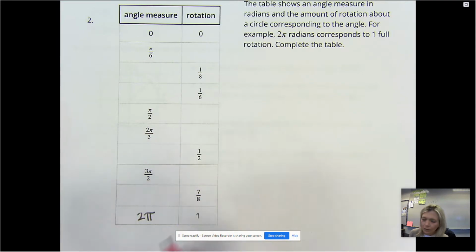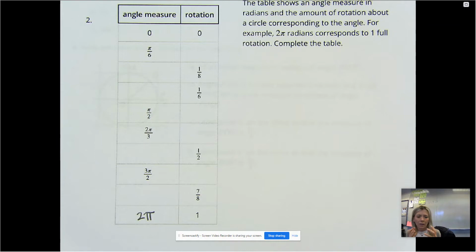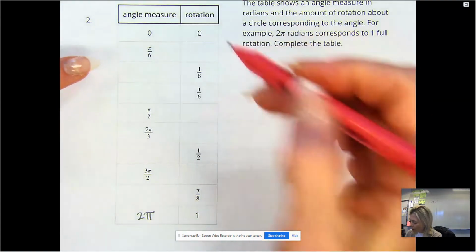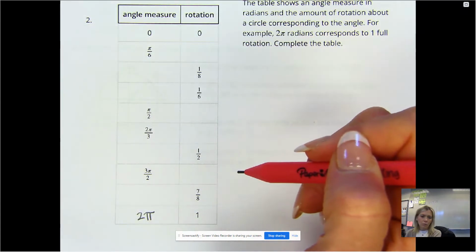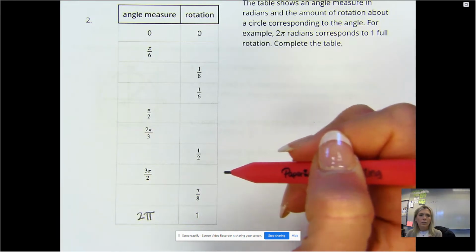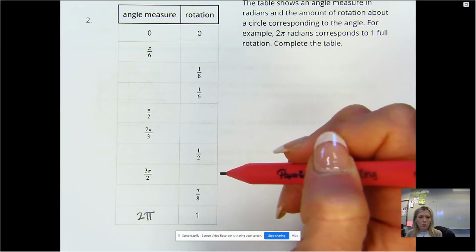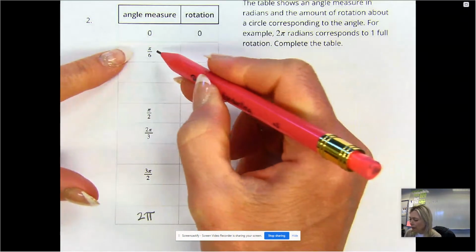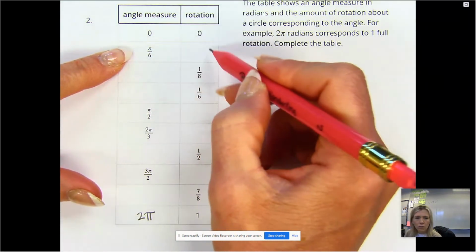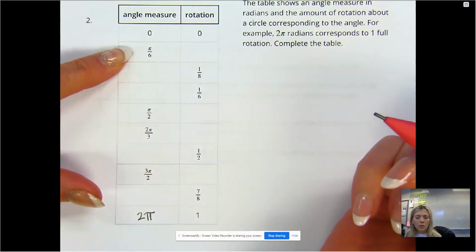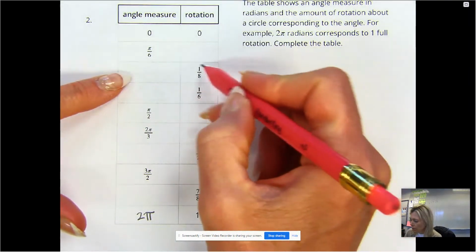I'm going to fill in what I know just by thinking logically about it. 1 full rotation is 2 pi, which means that each time we do a rotation, it's a part of 2 pi. So if we do a part of 2 pi and we get pi over 6, how much of 2 pi did we get?